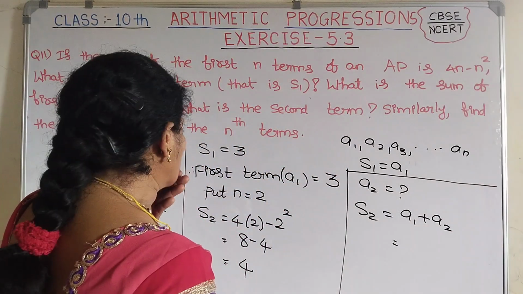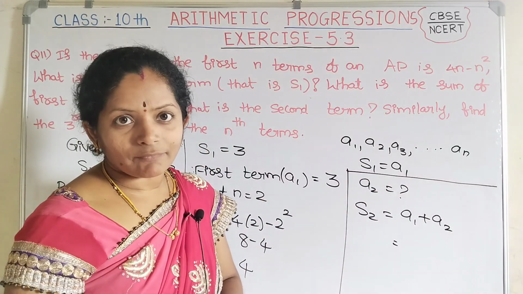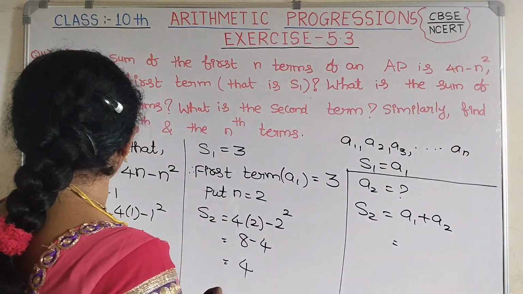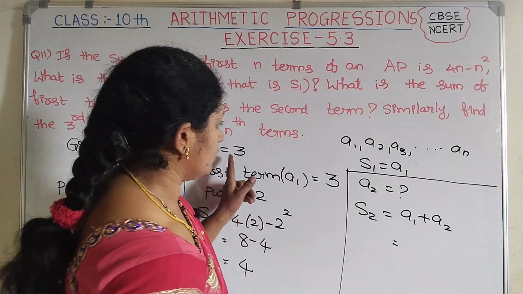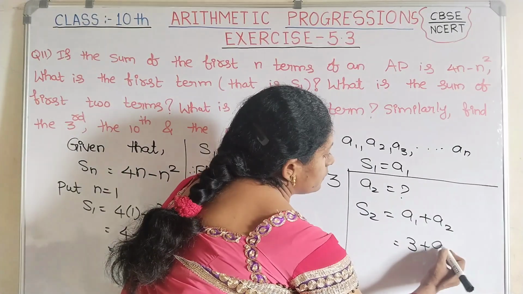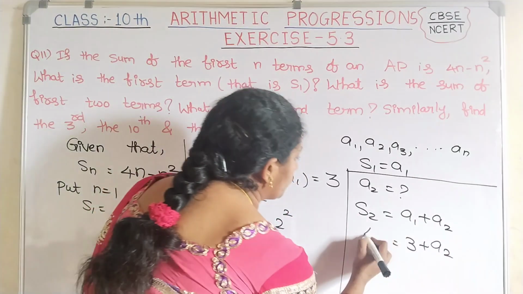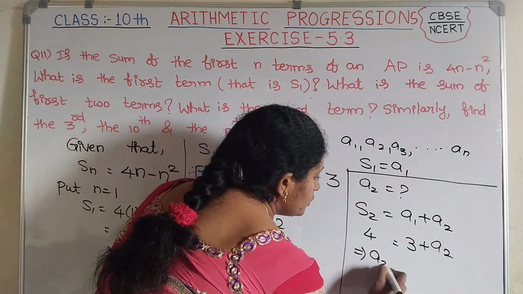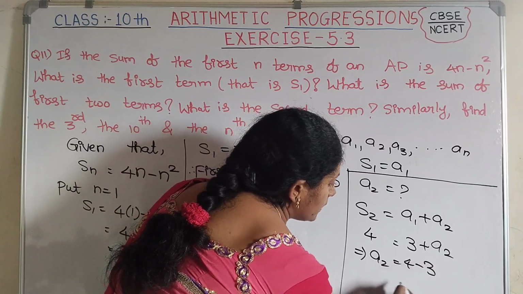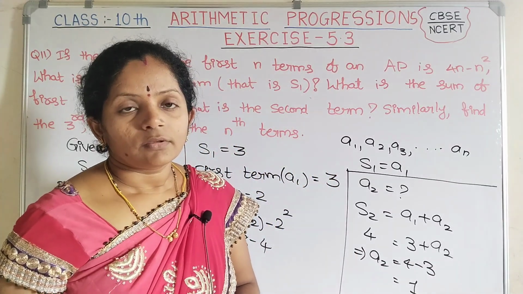A1 is the first term, that is 3 here, plus A2 we have to find out. S2 we found already, it is 4. A2 is equal to 4 minus 3, which is equals to 1. A2 is 1.